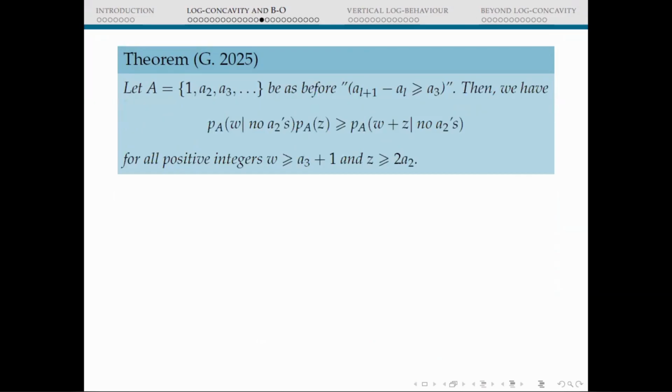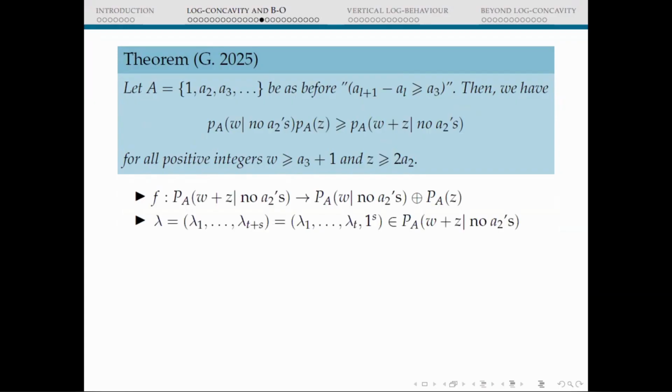So now the question is how to prove the following inequality. The most natural way is to build an appropriate injection from the set of partitions counted on the right-hand side to the Cartesian product of the partitions counted on the left-hand side. How can we do that? I will not go into details, but only sketch the idea. We take a partition from the set of partitions of V and Z, where A2 does not occur as a part.